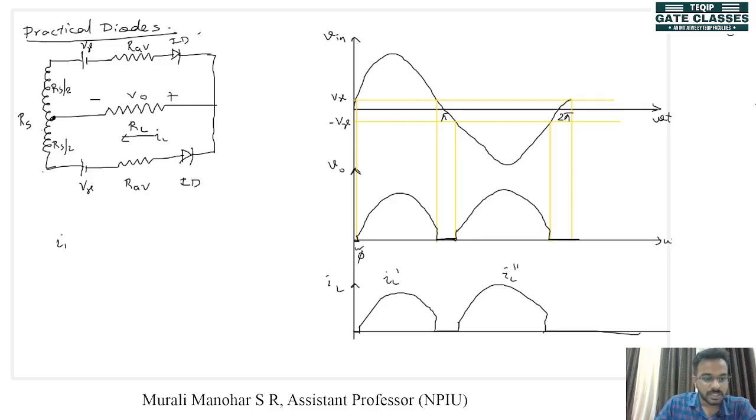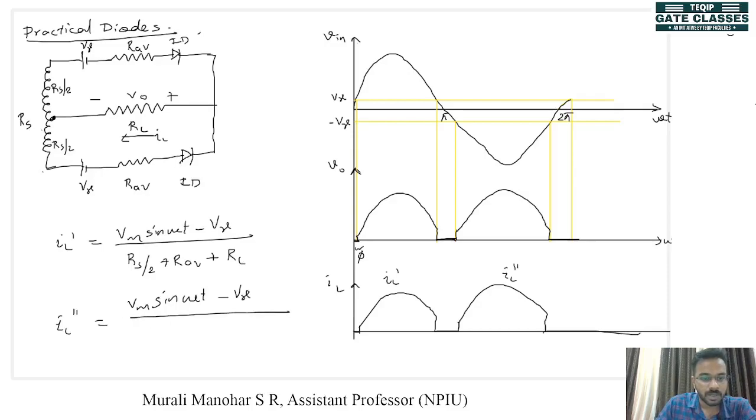So in this case, IL dash is given by Vm sin omega t minus V gamma divided by Rs by 2 plus Rav plus RL, and IL double dash is also given by Vm sin omega t minus V gamma divided by Rs by 2 plus Rav plus RL.